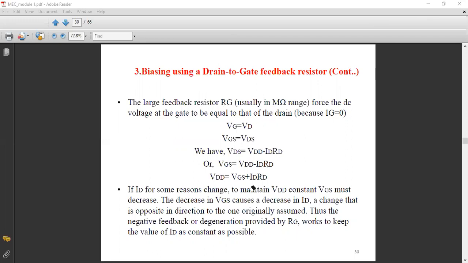So which resistor is acting as the degeneration resistance? It is RG, whereas in the previous case it was RS. Another advantage is that here we don't require any potential divider network.